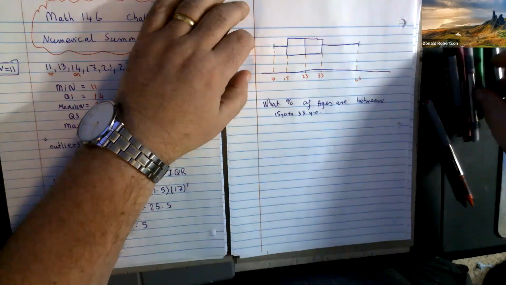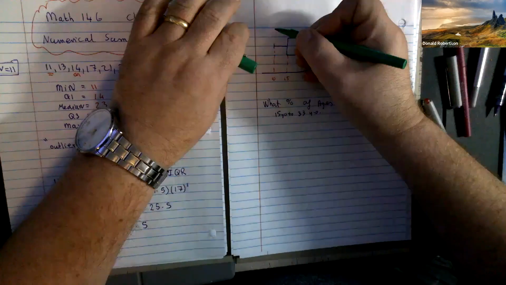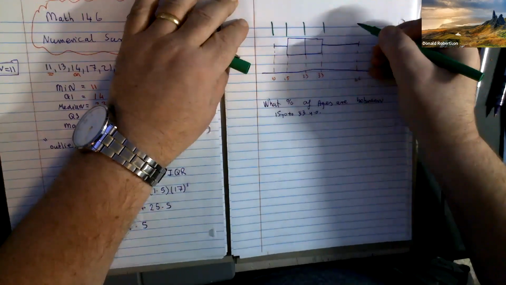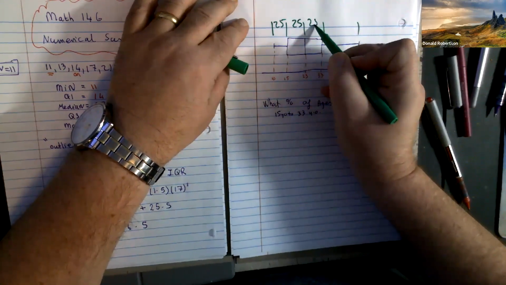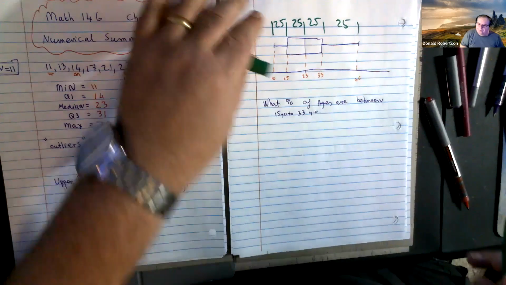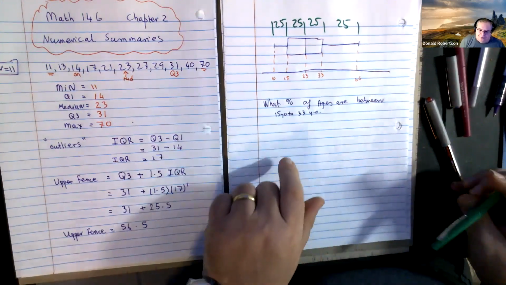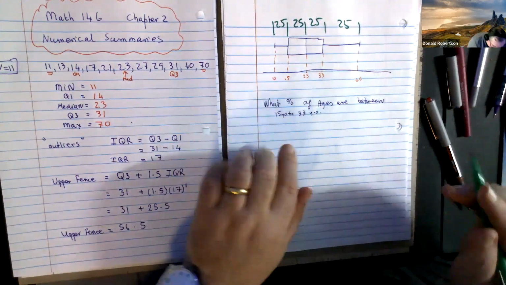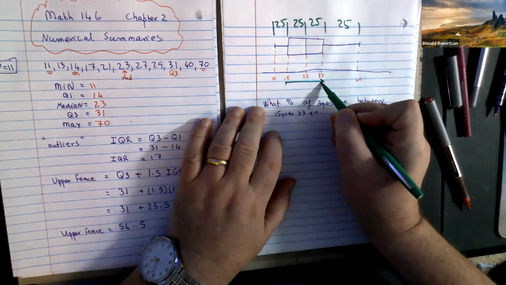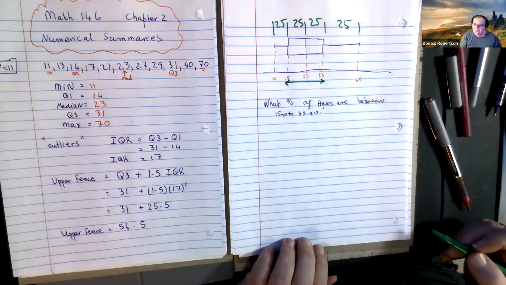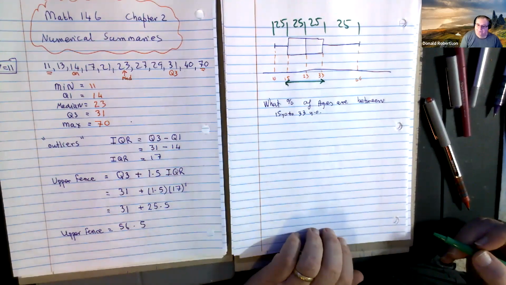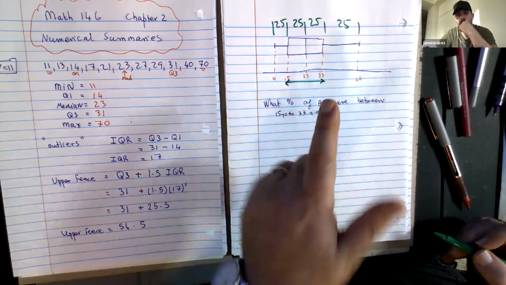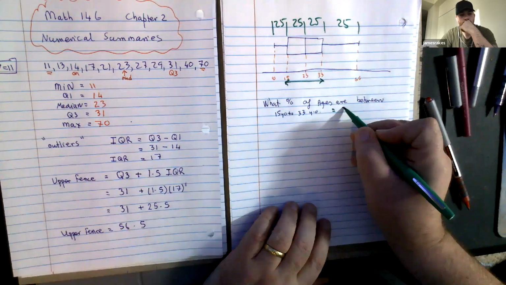Now, the way a 5-figure summary splits your data into 4 chunks. Each chunk contains 25% of all the people, right? So if I said to you, what percentage are between 15 and 30, wouldn't I be talking about that bunch? And how many as a percentage would that represent? 50? 50, right? 2 lots of 25.